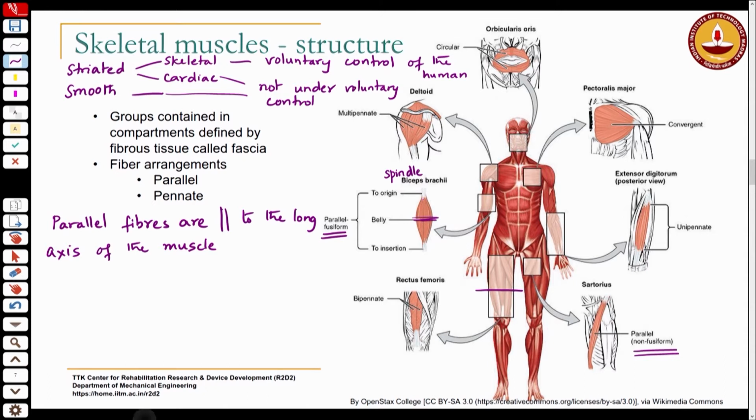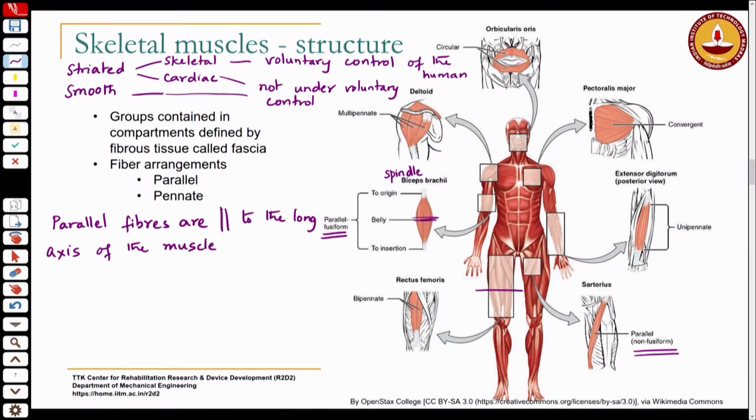And then you have a non-fusiform type, which is more like a strap. Again the fibers are parallel to the length of the muscle, to the longitudinal axis of the muscle. So, that is like a strap, it does not have a pronounced belly of the muscle.